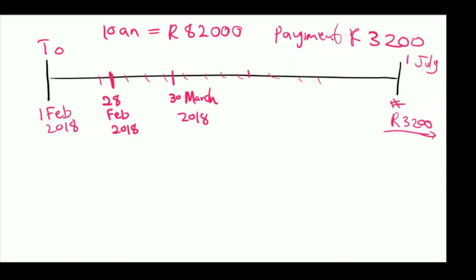And then we have April, 31st April 2018. Then you go to May, 30 May 2018, and then this is June, sorry.